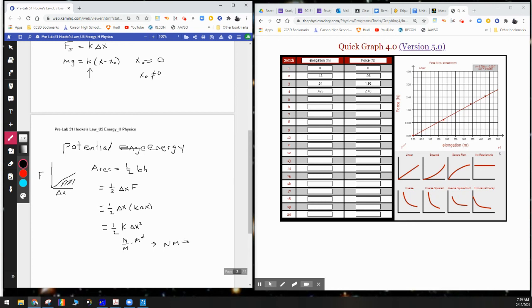Newton meters is also another unit for joules, which is a unit of energy. So this is a formula for the potential energy of a spring. We will use U for potential energy and little s for the spring. This potential energy of a spring is essentially just the area under the curve.